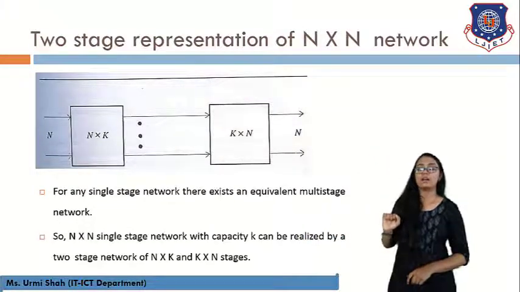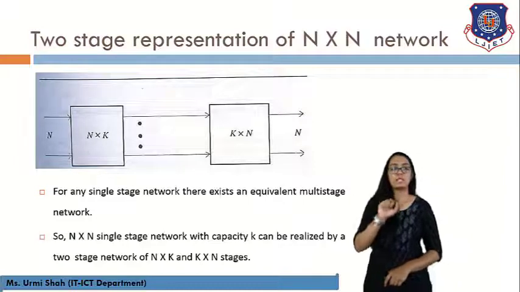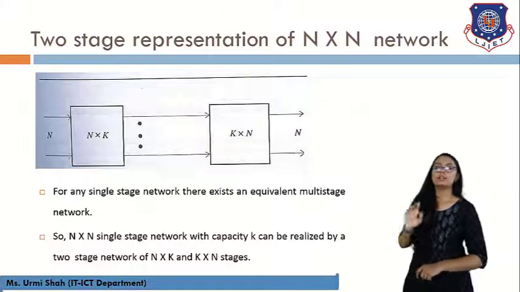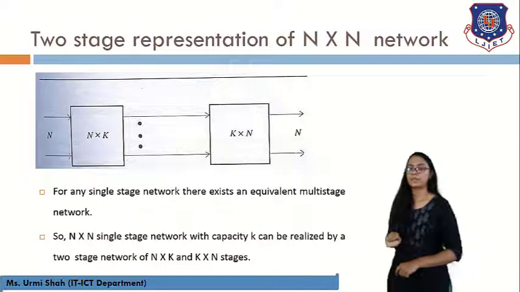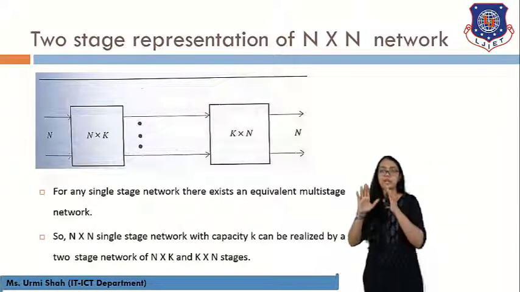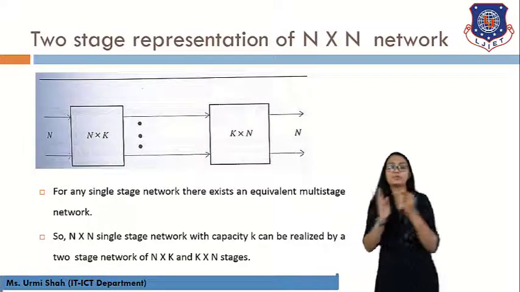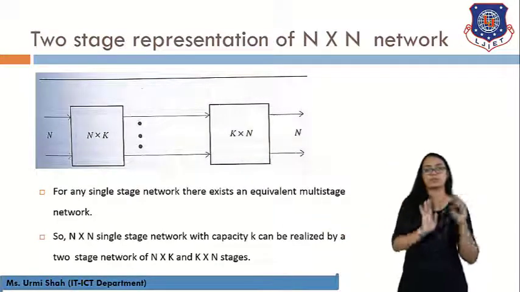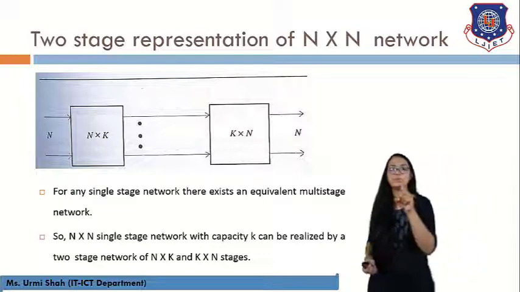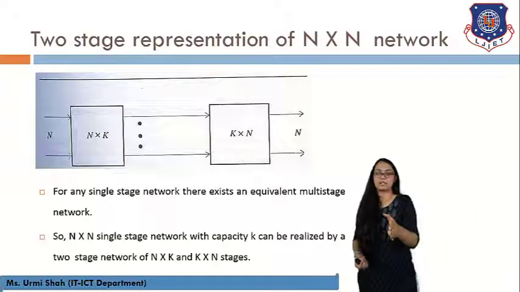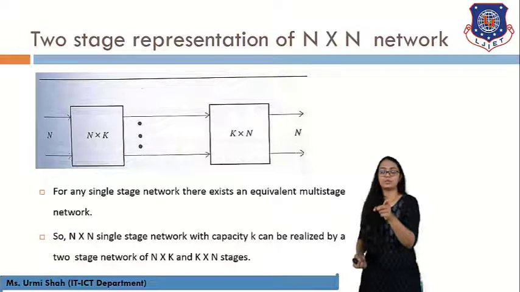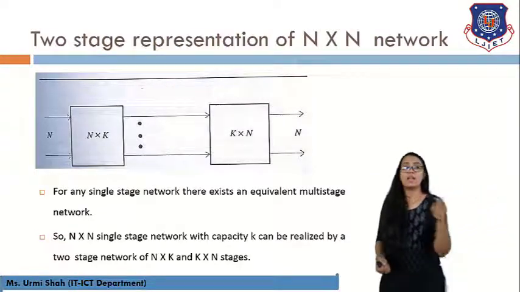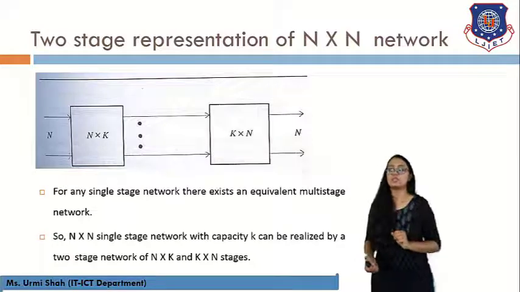Now, since the terminology stage has come, how can you interpret that it is a two-stage network? Firstly, over here you have two blocks via which your input is going towards the output side. If you have a single controller section, with input given directly to that controller and output generated from that controller, then it is a single stage network.